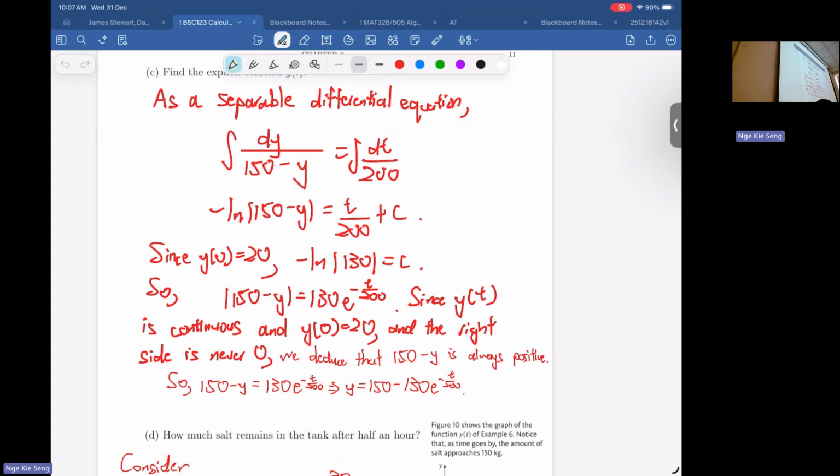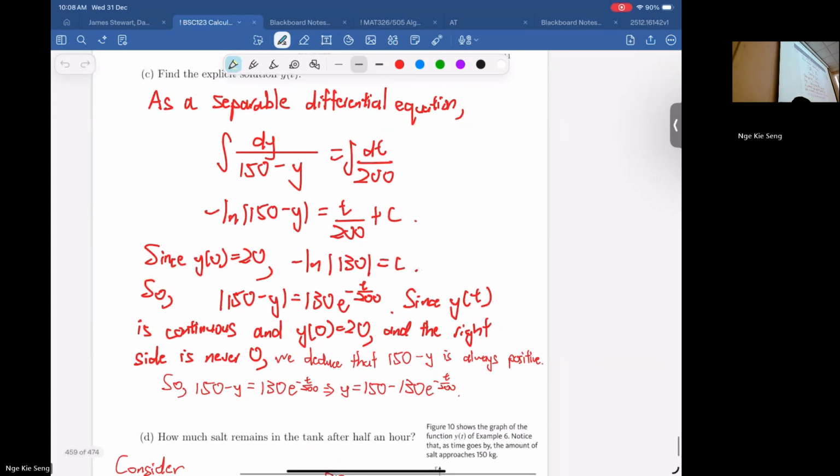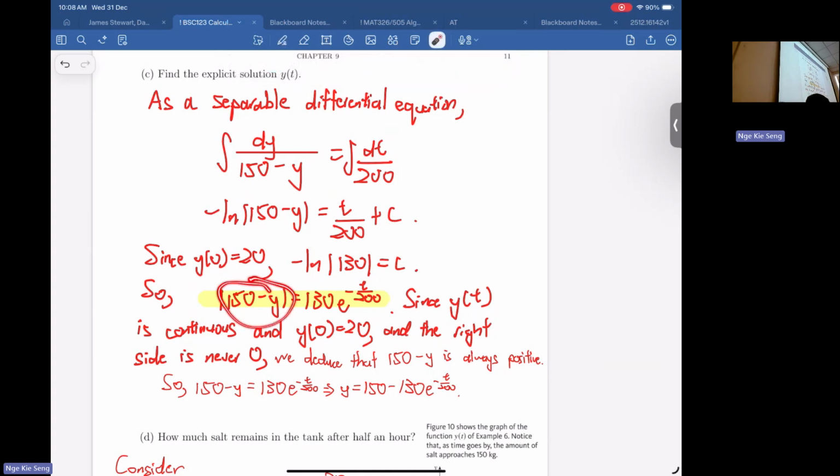Although physical condition is very important, if you look at this equation here, last time we were deciding whether we want to take a positive or negative of 150 minus y.